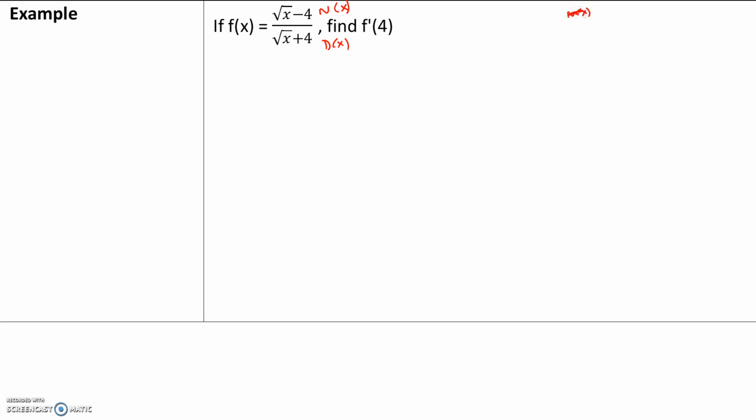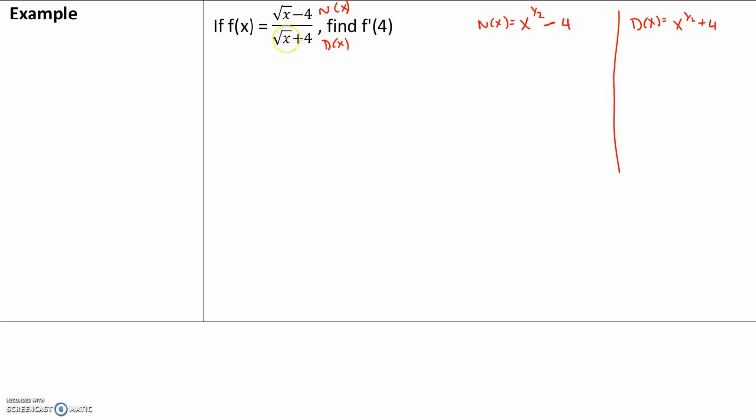And first, let's write down what n of x and d of x equal. So n of x, and even though it's radical x, I'm going to write that as x to the 1/2 minus 4, because remember we need rational exponents anytime we do derivatives. And then d of x is equal to x to the 1/2 plus 4.